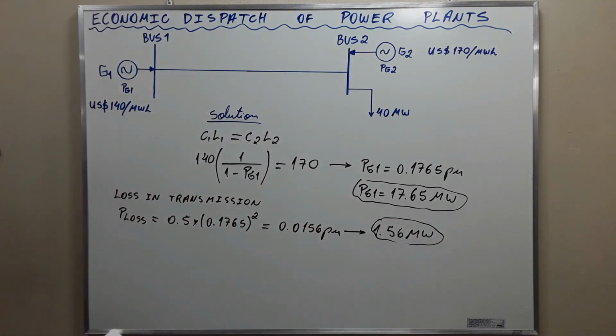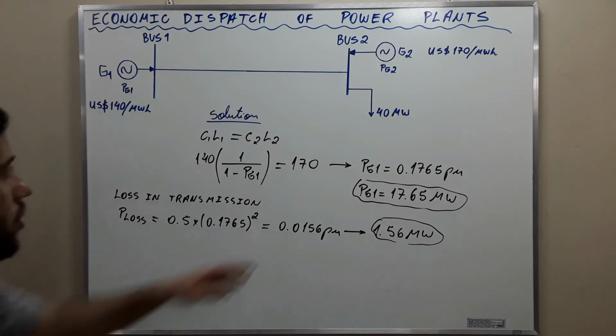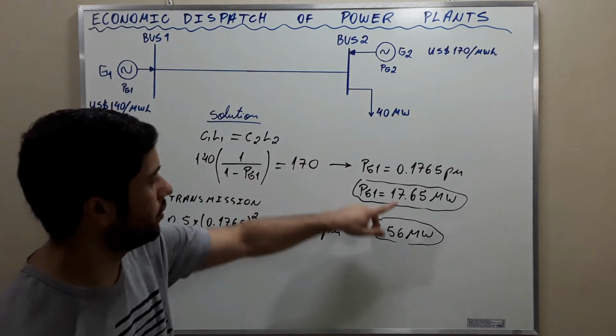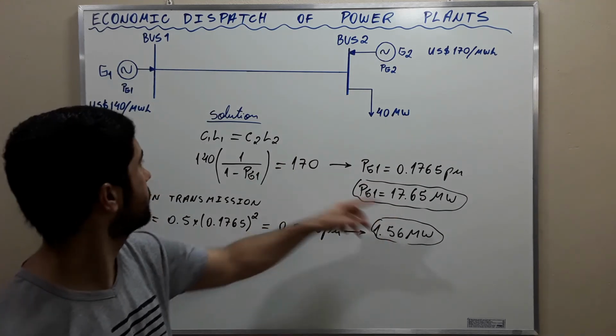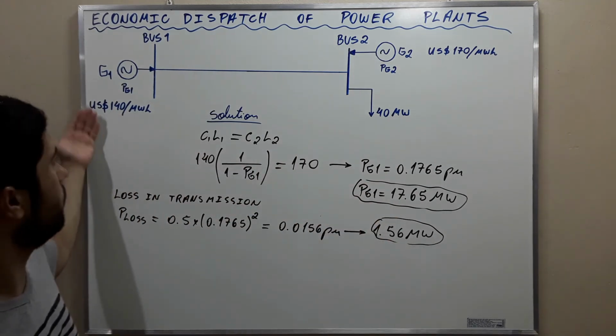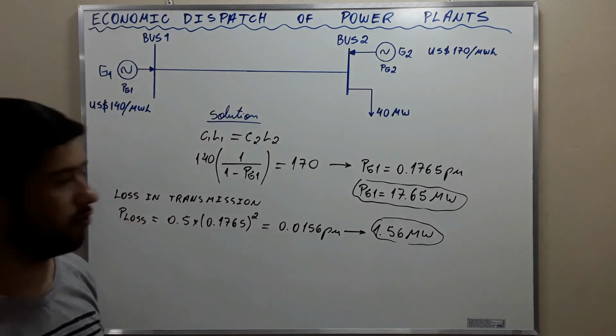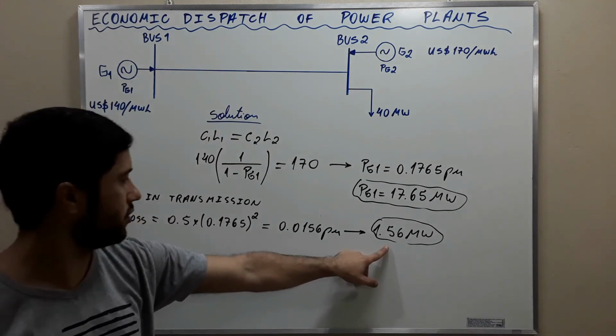Thus, the actual power supplied by generator 1 to the load. This is the power that generator 1 supplies the entire system, but there are losses.